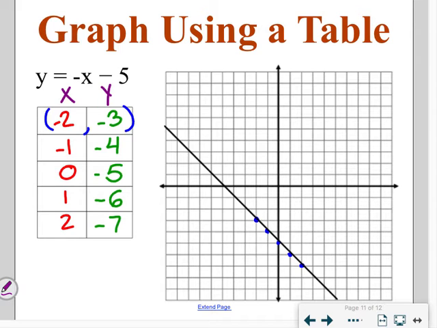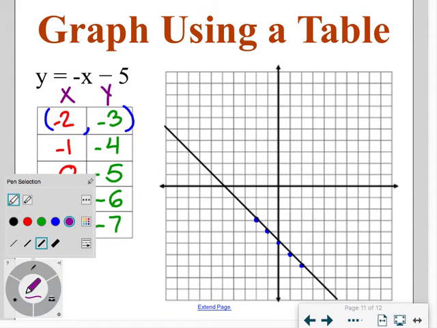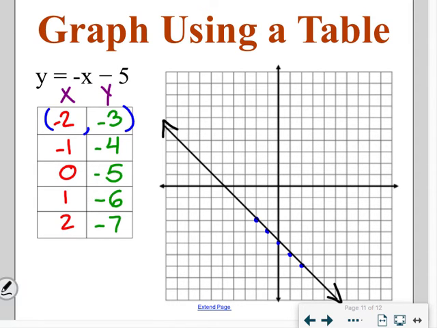Once again, drawing it all the way through the end of the graph and putting the arrows on both ends to indicate it's a line and it continues on forever. If you have questions about this or anything else from throughout the lesson, please let me know when you get to class.